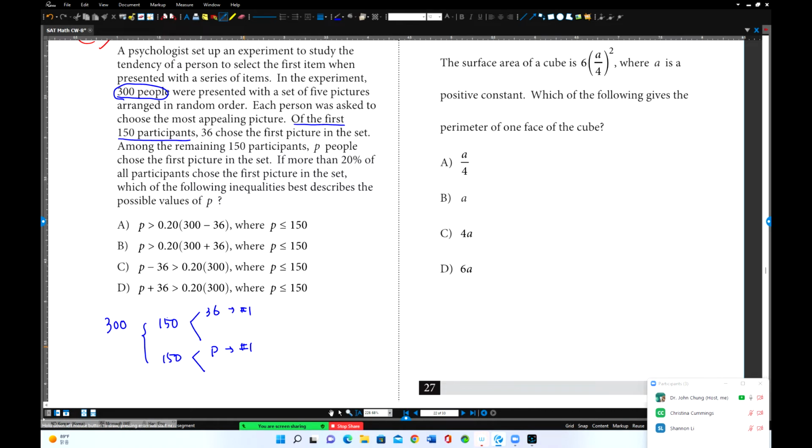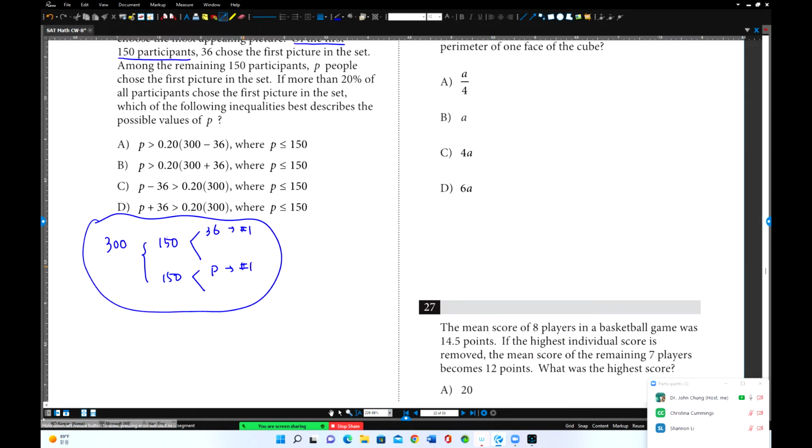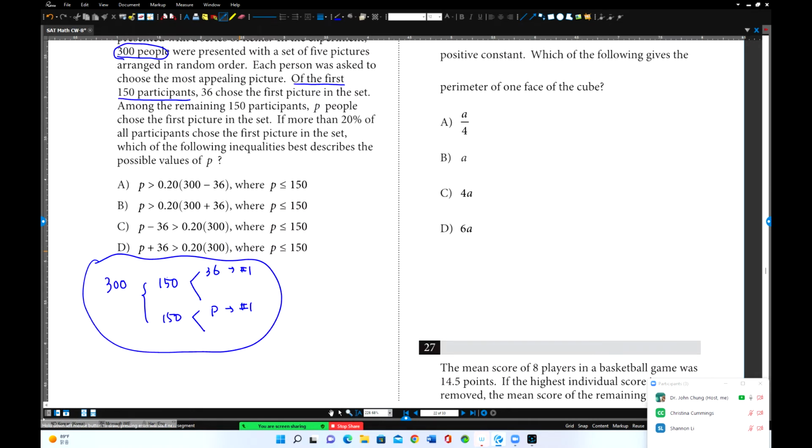If more than 20% of participants chose the first picture in the set, this is the set, right? The whole thing. More than 20% of all participants. So how many people chose the first picture?